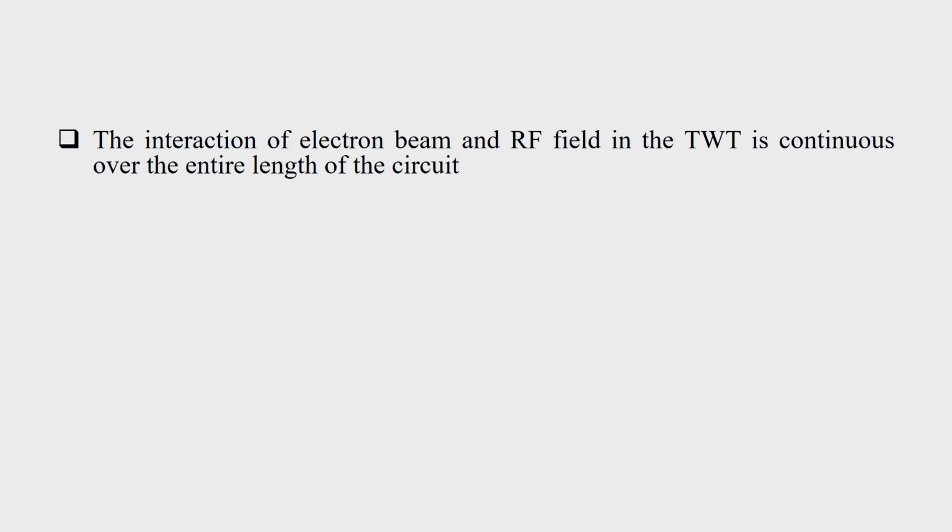This is in contrast to, say, klystron, where we had the interaction of the field and the electrons for a very brief period when the electrons pass through the buncher or catcher cavity.